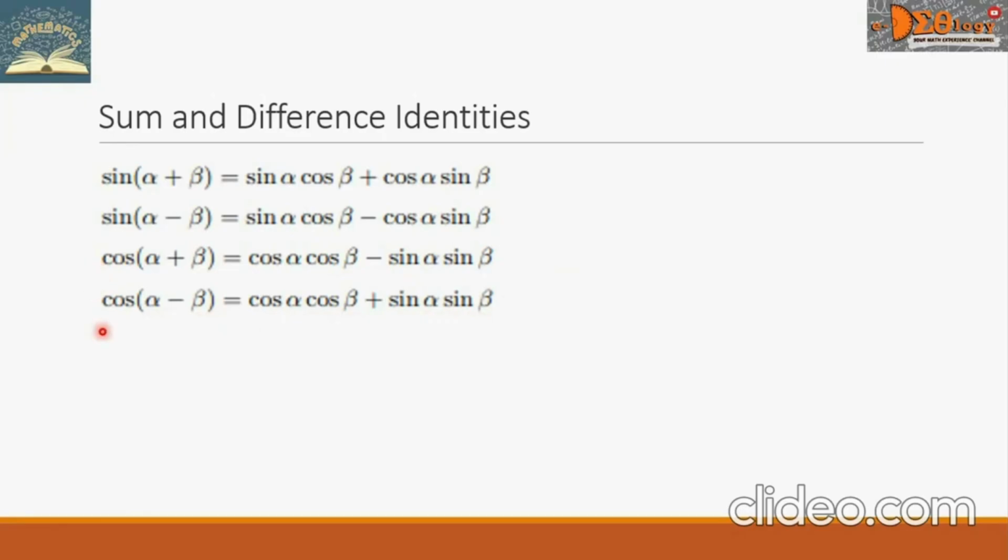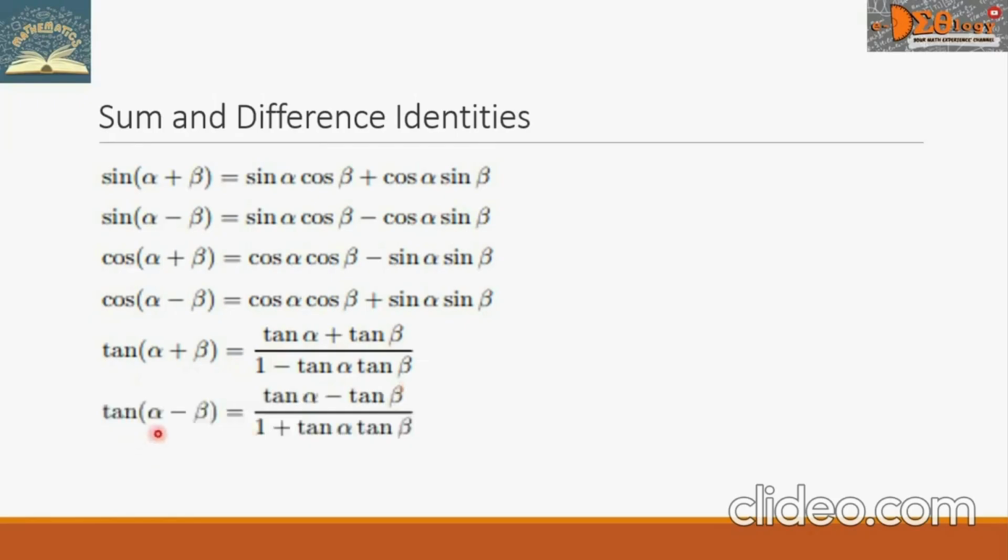I will go now to the tangent. For the tangent of alpha plus beta equals tangent alpha plus tangent beta all over 1 minus tangent alpha times tangent beta.